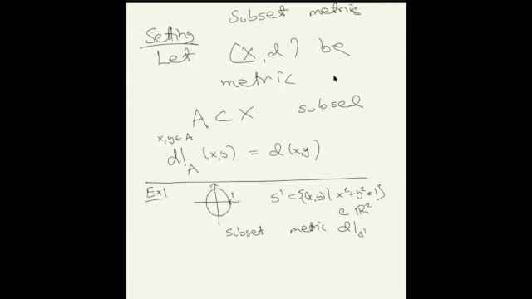So in particular, the distance restricted to S1 between the point (1, 0) and (-1, 0) would be 2. This is the so-called distance as the crow flies, because this would be the diameter of this ball.